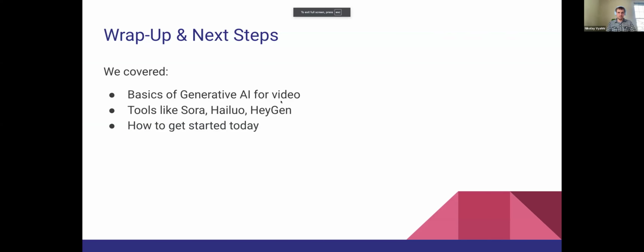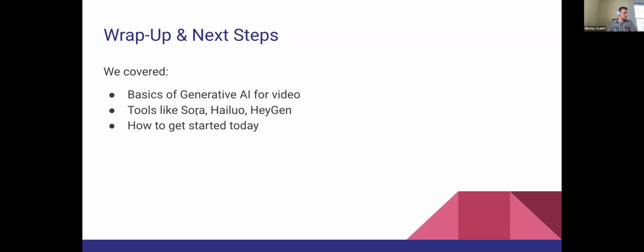So, to wrap up, we talked today about the basics of generative AI for video, how to generate video, and how they work, very approximately. It was not a very detailed and correct description in any way, but it was to give you an understanding of how they work.